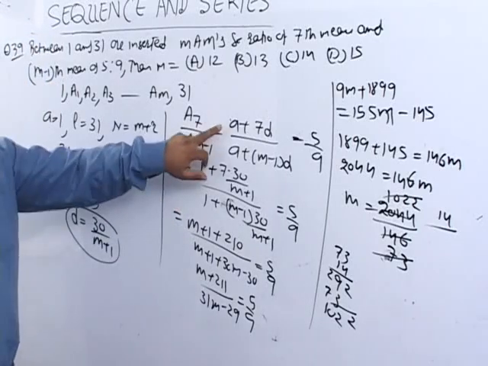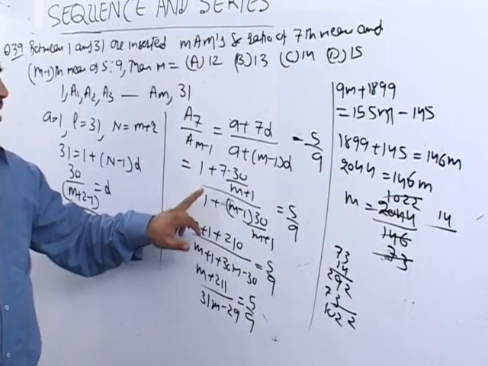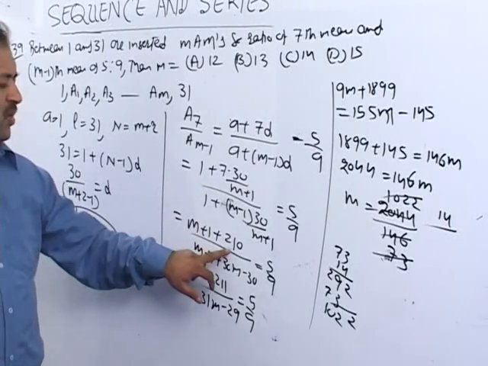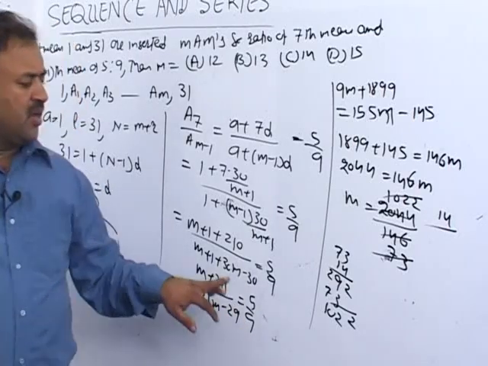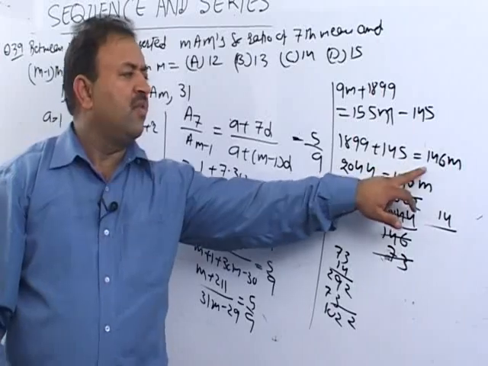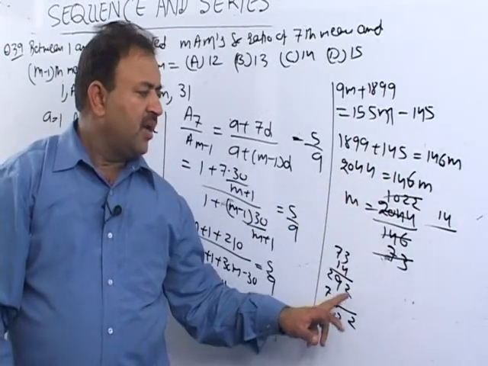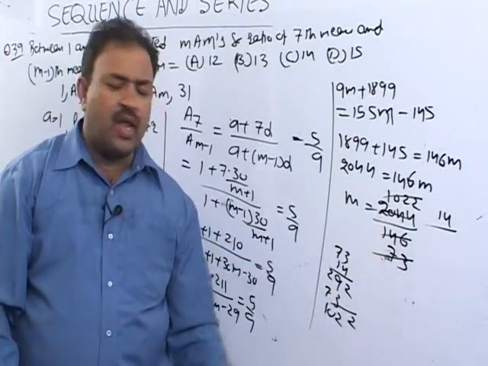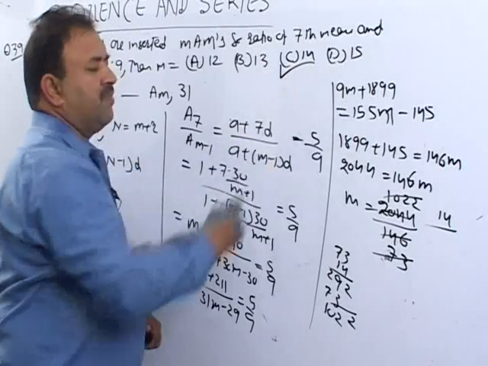Here we put the value of a and the value of d that was coming from here. We are left with m plus 211 upon 31m minus 29 is equal to 5 by 9. Now simplifying, multiplying, 155 minus 9, 146m. I got 2044. Dividing, I got m equal to 14, so the right option is C.